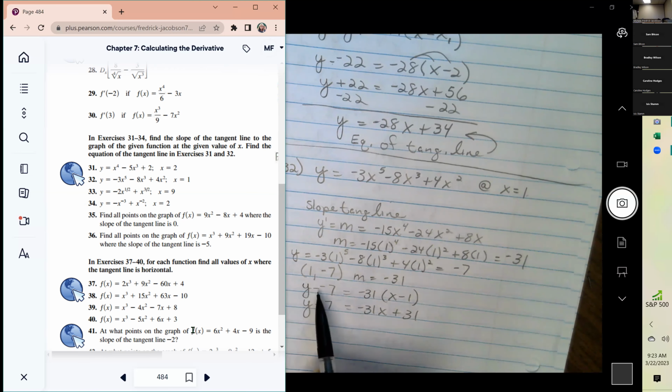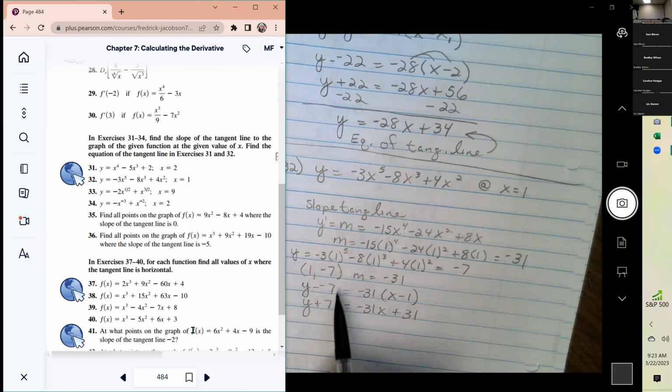So y minus y1, which is a negative 7, equals the slope, negative 31, times x minus x1. Distributing the 31, it's a negative 31.